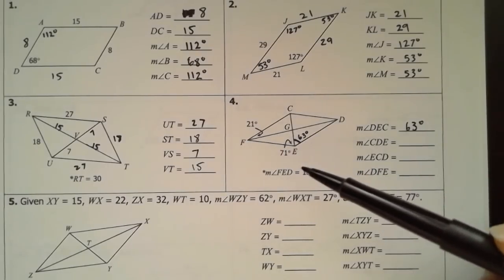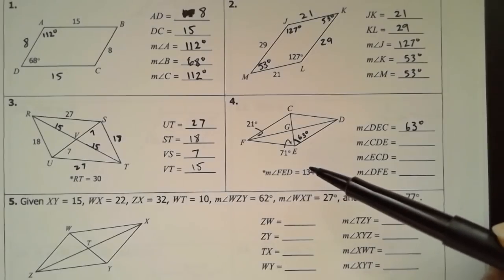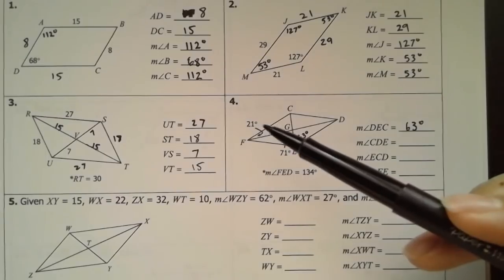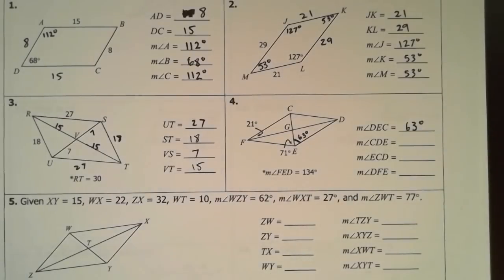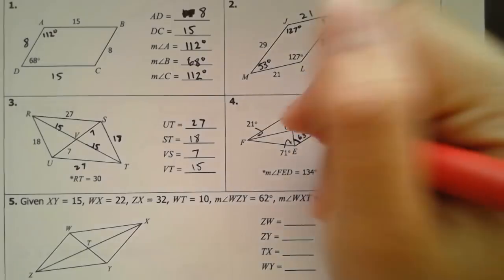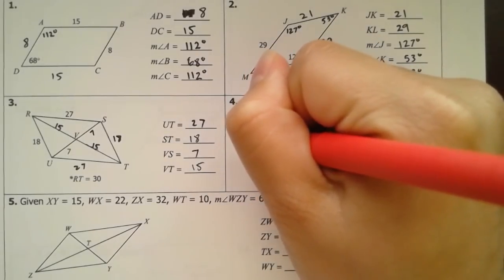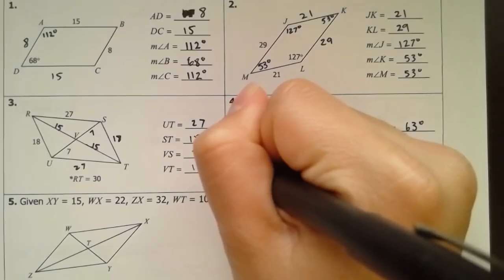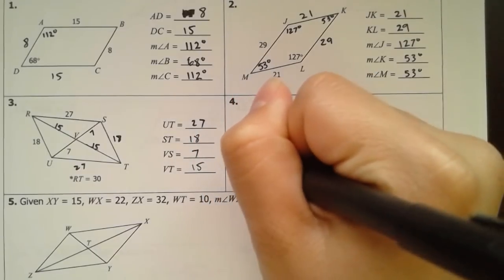So we know that the entire thing is 134, 71 plus 63, plus 21 plus an unknown angle. Let me use red here, and we'll call that one X for the time being, add up to 180 degrees.